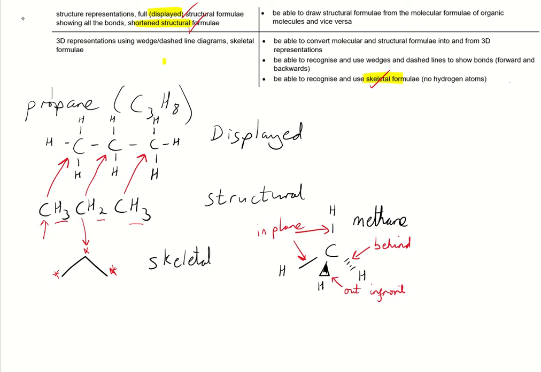So just like if you were looking down a long motorway, it appears wide in front of you and it narrows off into the distance.